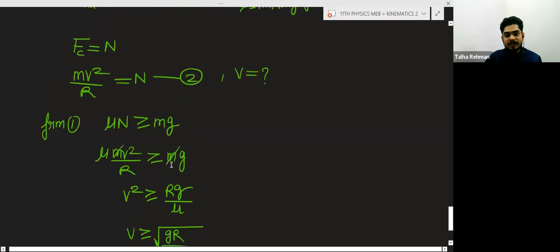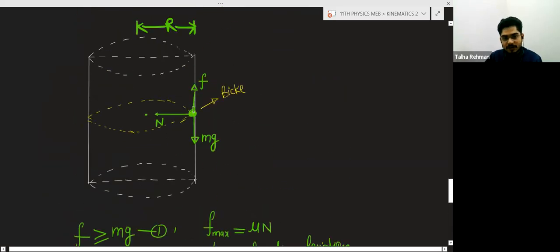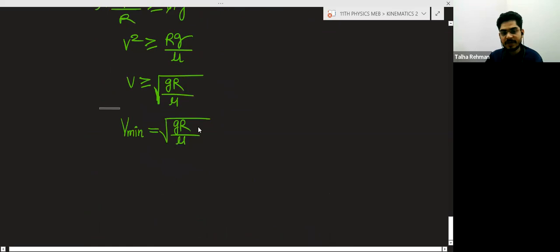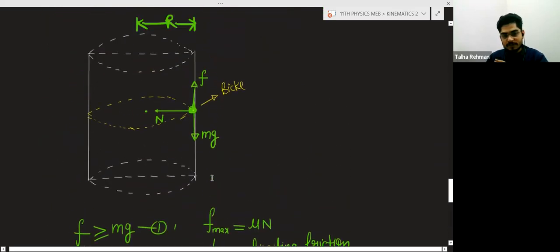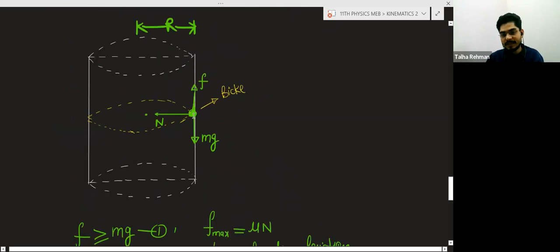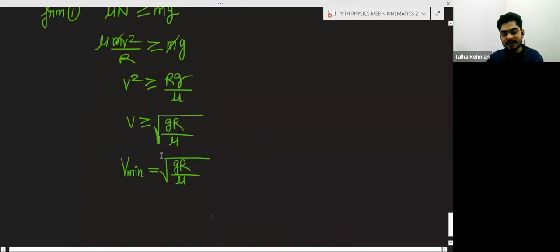For that, this mass will not skid or slip in downward direction. This will be the minimum value, gr divided by mu. If the speed is less than this value, then no circular motion will be possible, and the bike will fall down in this direction. Greater than this speed will be okay.